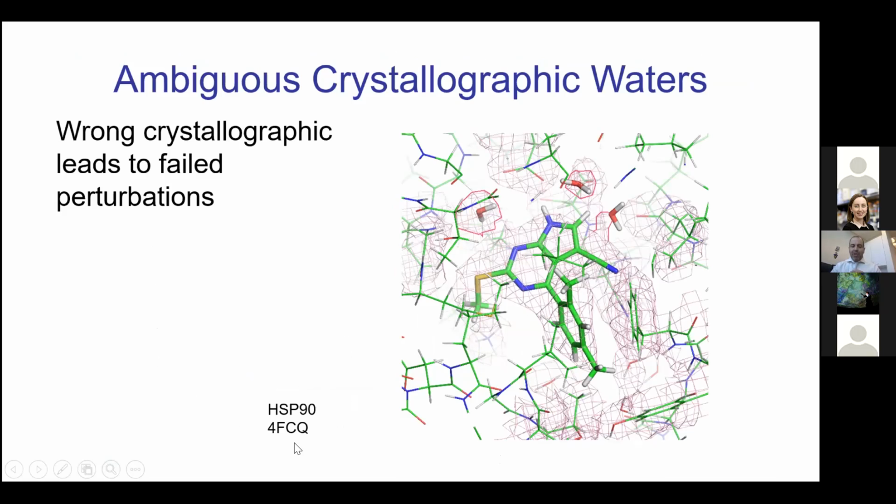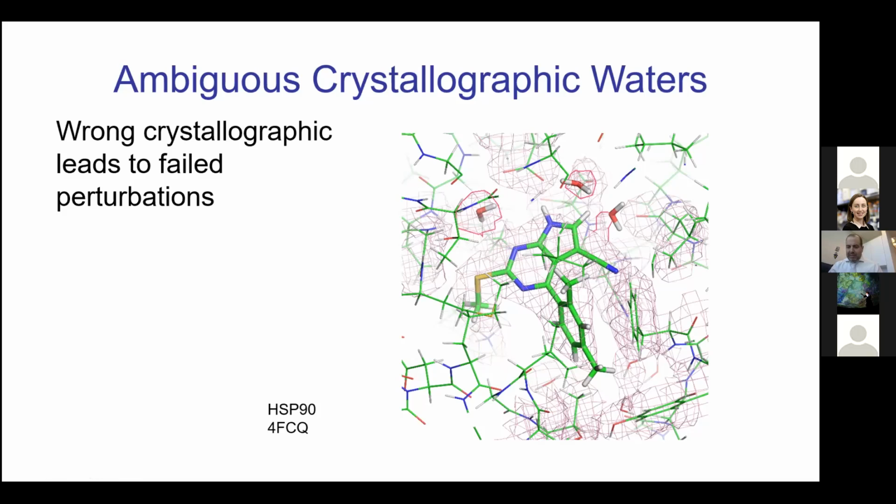When I checked the structure of HSP90 for FCQ, there are 3 buried water molecules in the crystal structure: 1, 2, and 3. When I simulated with my program, I very consistently only occupied 1 and 2, and water molecule 3 was never occupied.